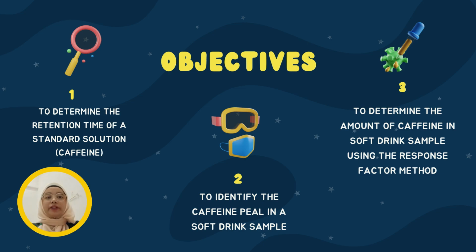In this experiment, there are a few objectives. First, this experiment is done to determine the retention time of the standard solution, which we will be using caffeine. Secondly, to identify the caffeine in a soft drink sample, which we will be using Coke. And thirdly, to determine the amount of caffeine in the soft drink sample using the response factor method.